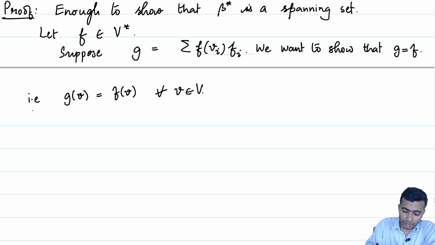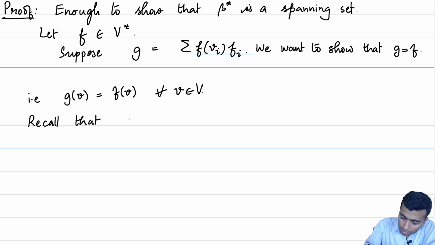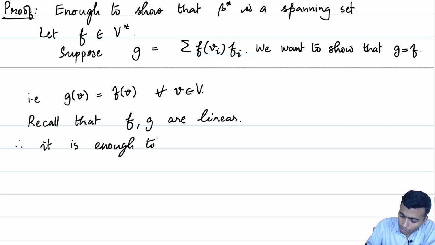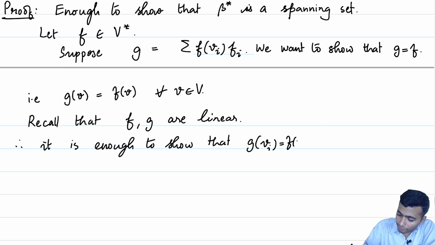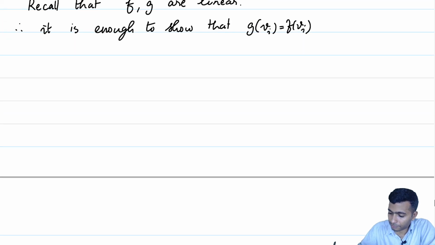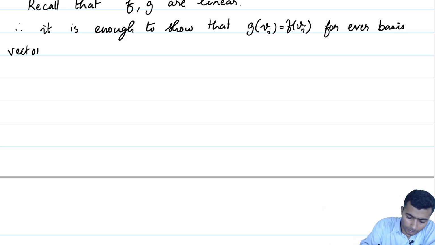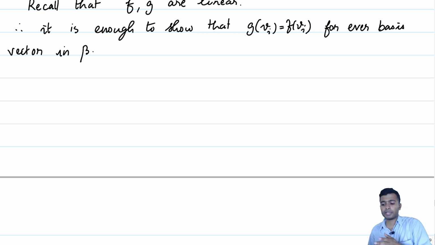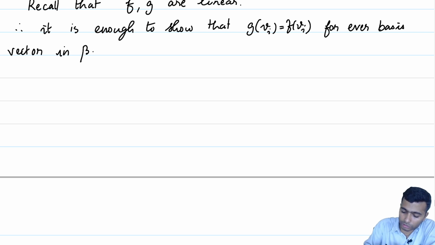But remember, recall that G and f are both linear maps. Therefore, it is enough to show that G of Vi is equal to f of Vi for every basis vector in beta, because if we do that, the linearity of f and G will tell us that G of V is equal to f of V for all V, right? Okay, but then what is G of Vi?